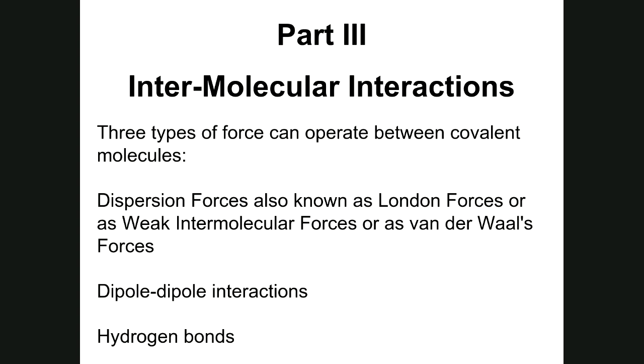We know how atoms interact with another atom to make a molecule, either by covalent or by ionic bonding, correct? All right, now how does a molecule interact with another molecule? Well, there are three types of forces.